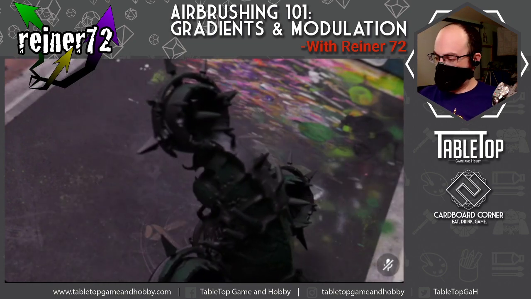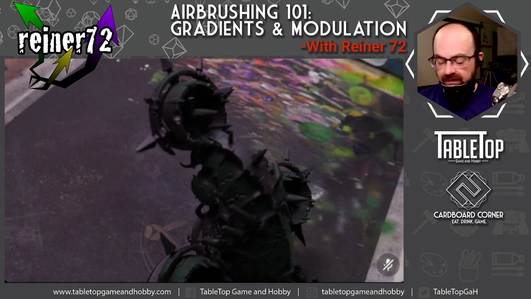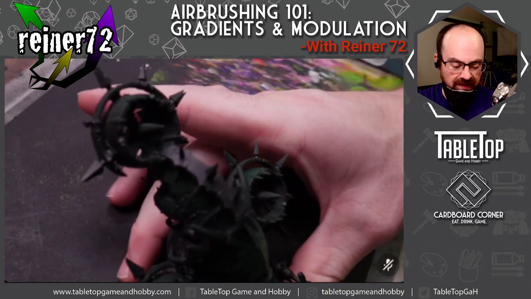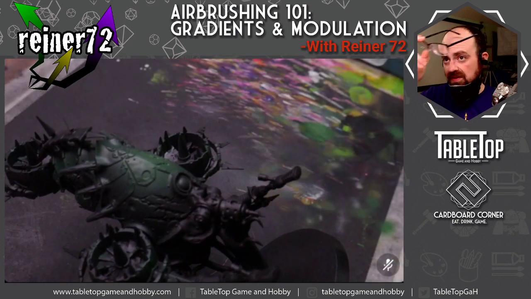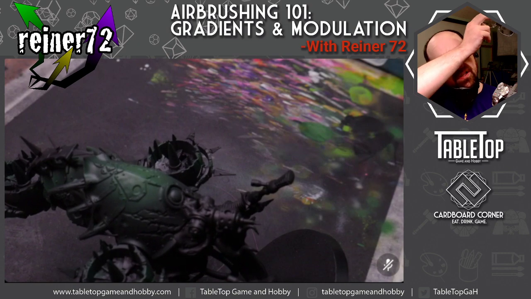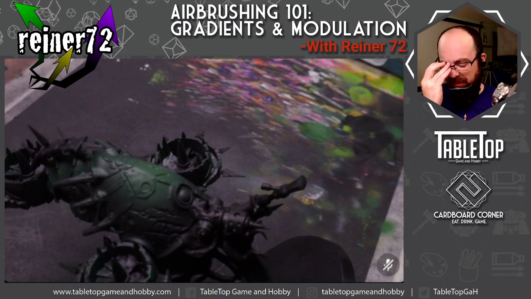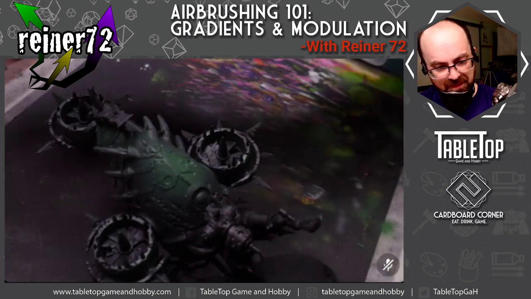But yeah, for the most part, a lot of weathering and stuff is done after the airbrush steps. There are certain things you can do to set it up. Again, with gradients, you can start working in neutral tones to set up for dirt and grime and things like that. But usually that's beyond that.